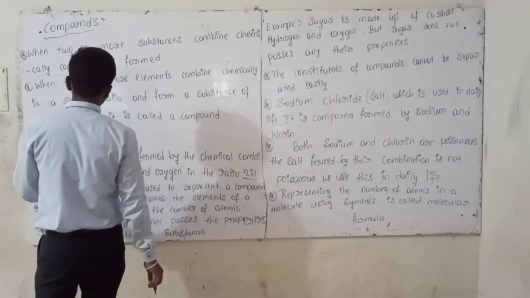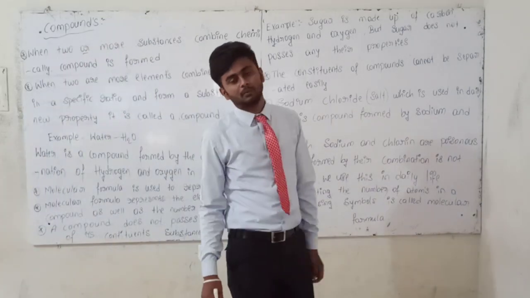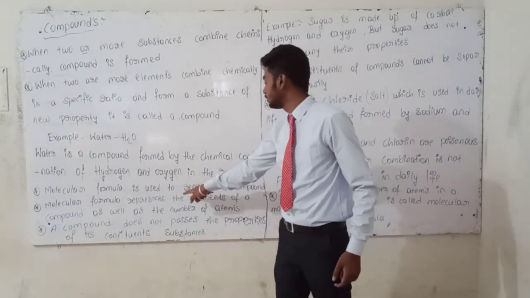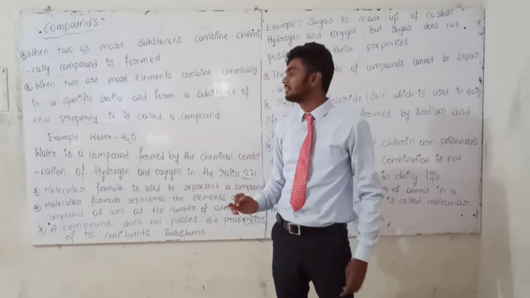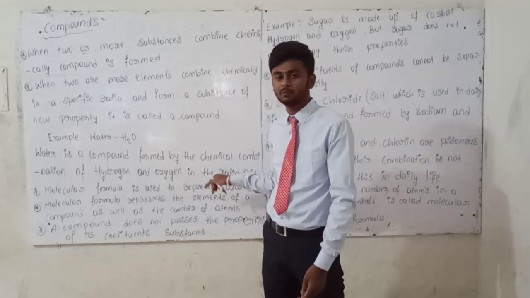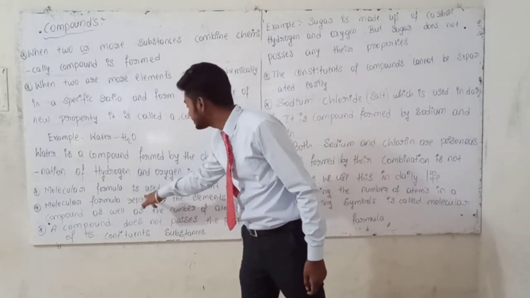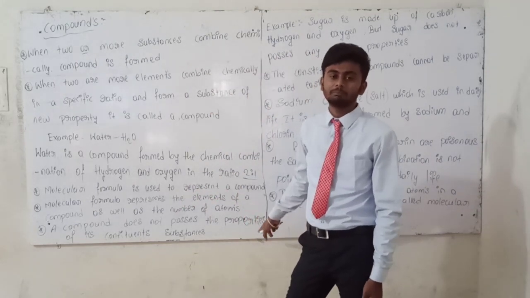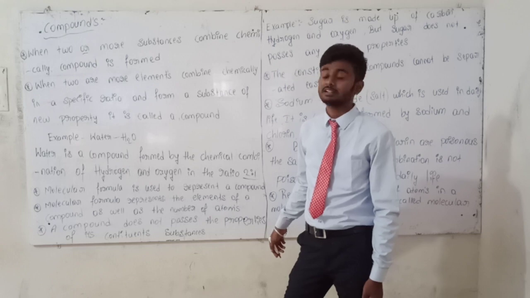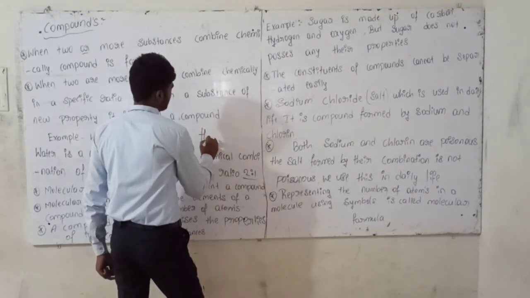See, the molecular formula is used to represent a compound. That is a molecular formula. For example, H2O, NaCl. So this type. When you represent the compound, you don't write water, you directly write H2O.